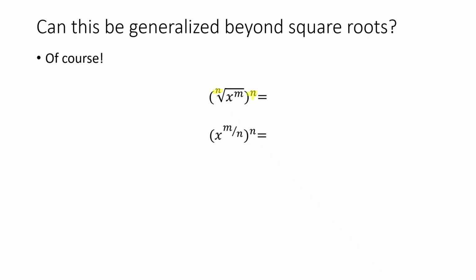Just like a square root and squaring undo each other, a cube root and cubing would undo each other. A generic nth root, pick whatever number you want, the fifth root, and we're going to raise it to the fifth power. Well, it is going to undo itself, and we are going to be left with x to the nth. Now, in the next line down, we have something similar.